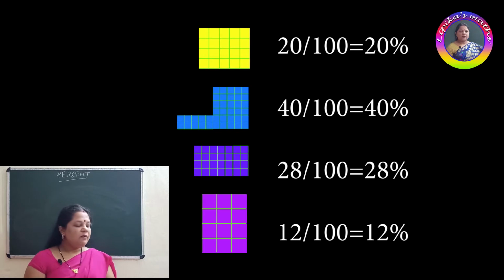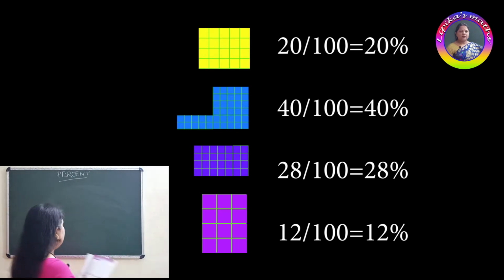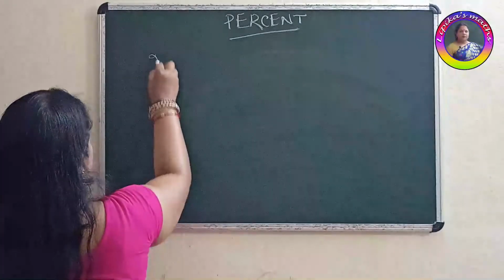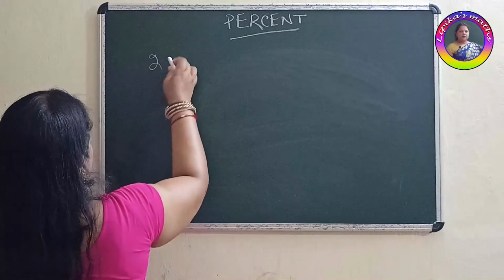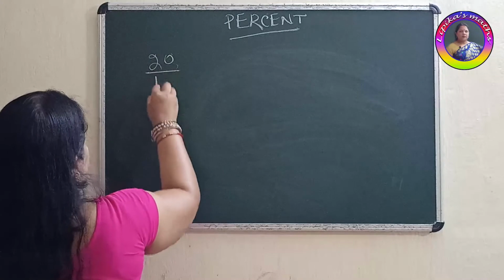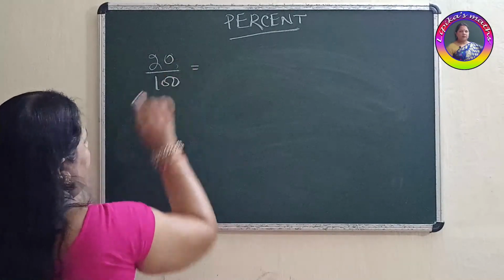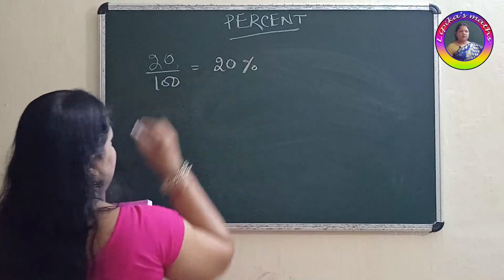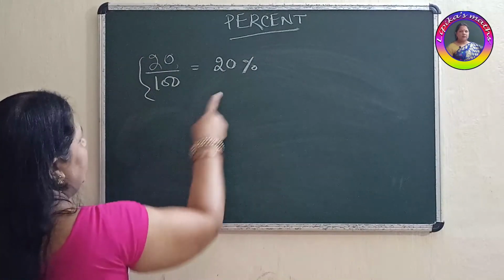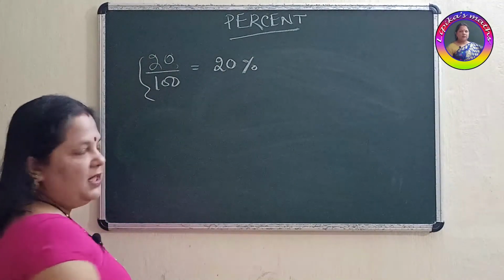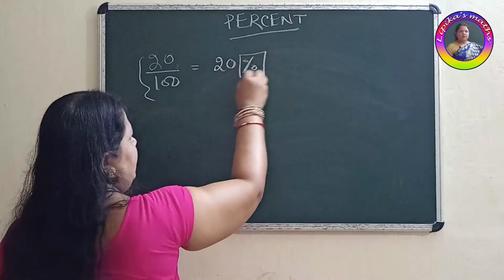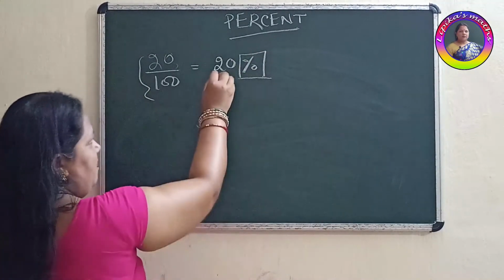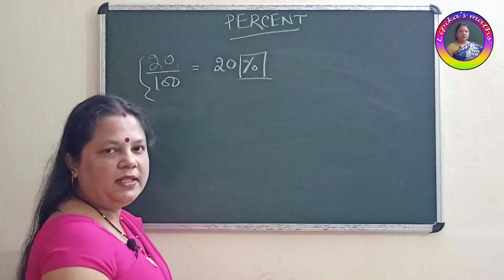Clear? So now we will discuss how to convert a fraction to percentage. So first of all, 20 by 100, 20 upon 100 is 20%. Okay, out of 100 means it is represented in percentage and this symbol represents percentage. The number followed by the percentage symbol.